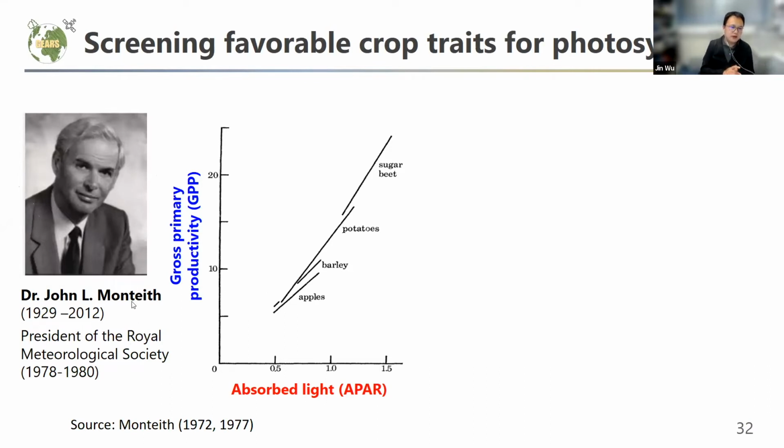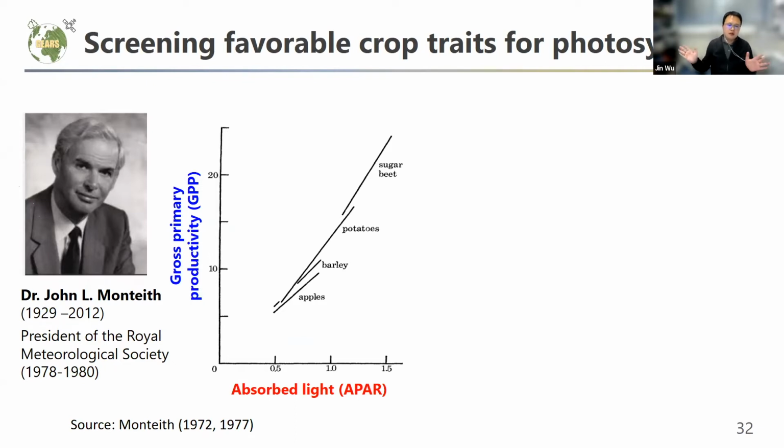The primary theoretical basis I use here can be traced back to Dr. John Monteith's early work published in the 1970s. The general idea is, if we have a lot of fruiting trees and organize all the data together, the x-axis indicates absorbed photosynthetically active radiation, or APAR for short, and the y-axis indicates the gross primary productivity, or plant photosynthesis.